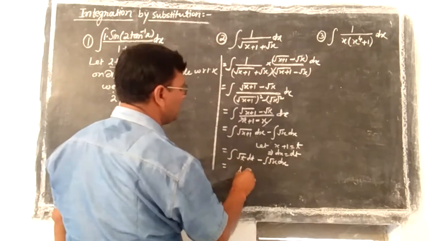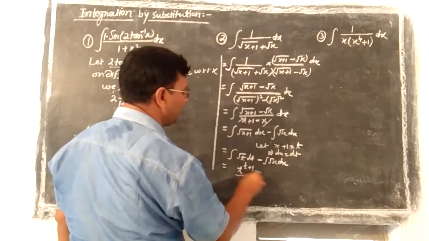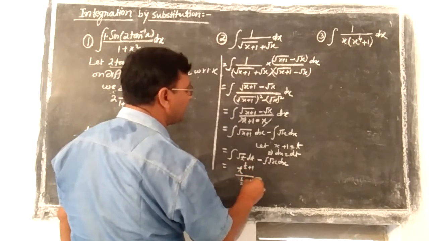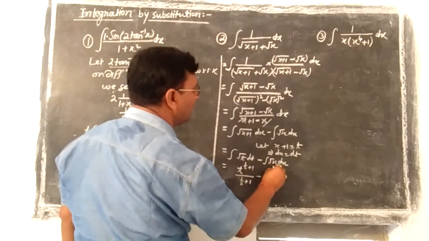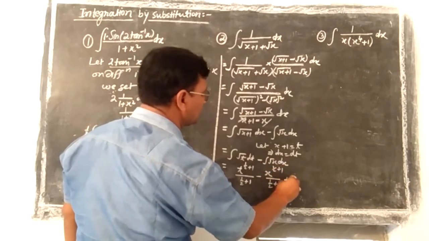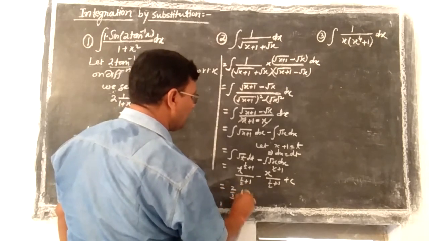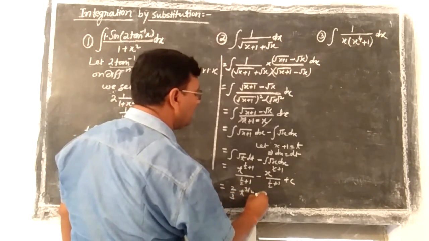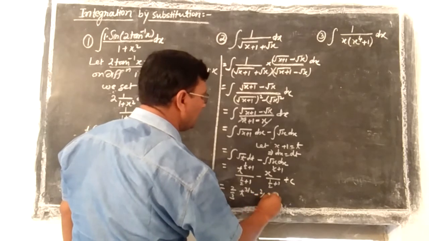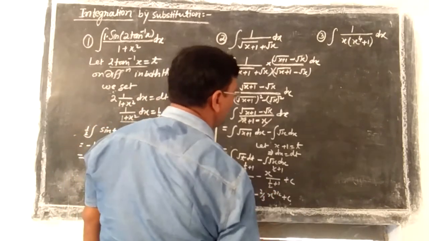It will be t to the power, under root means half, therefore half plus 1 upon half plus 1, minus x to the power half plus 1 upon half plus 1, plus c, and it will be 2 by 3 t to the power 3 by 2 minus 2 by 3 x to the power 3 by 2 plus c.